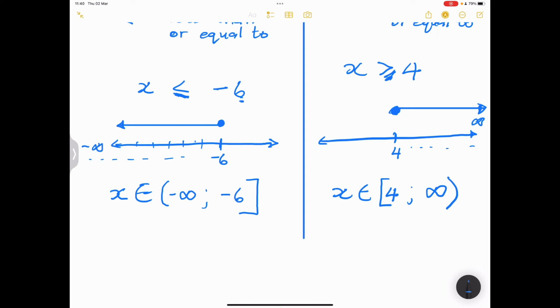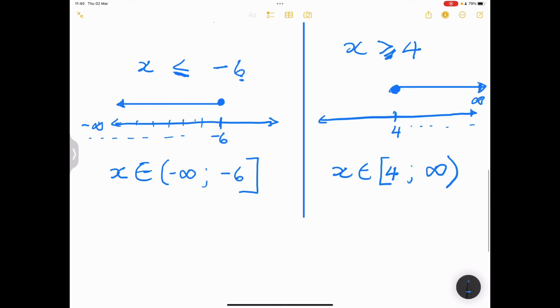There is another notation, ladies and gents, called the set builder notation. For argument's sake, we would write it in those special brackets, and we say x represents values where x is less than negative 6 for this one.